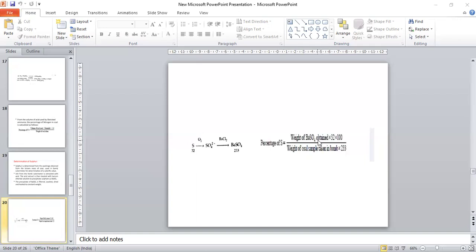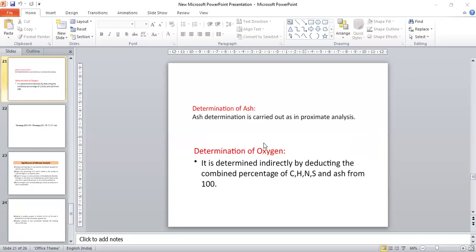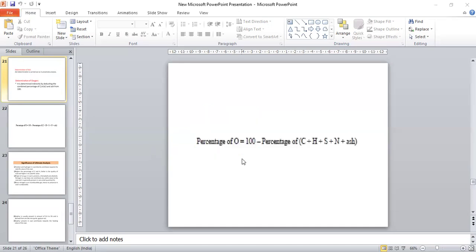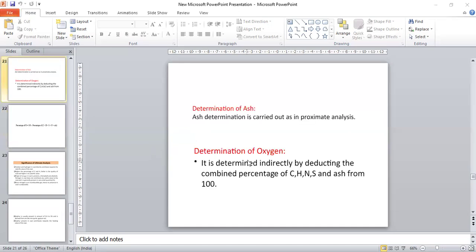Next one is determination of ash. Already we discussed determination of ash in proximate analysis, and the determination is carried out as in proximate analysis. Next one is determination of oxygen.